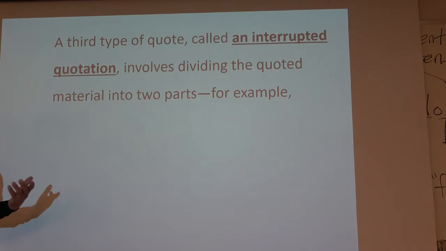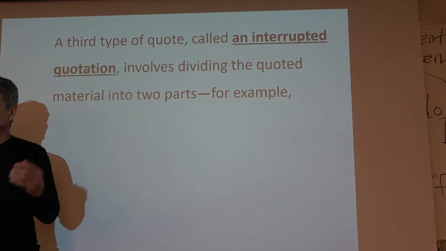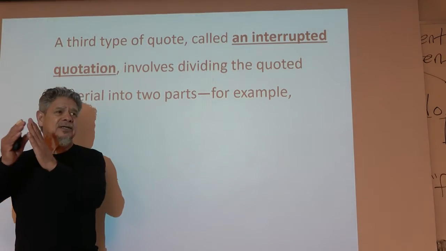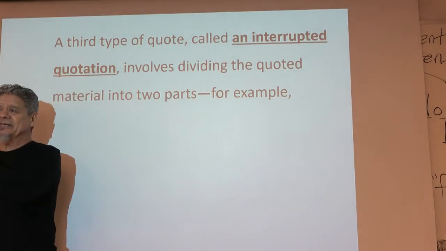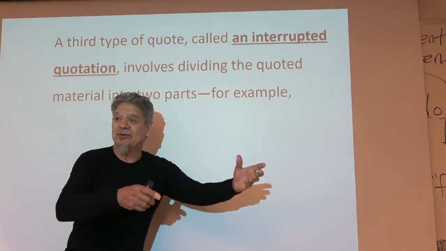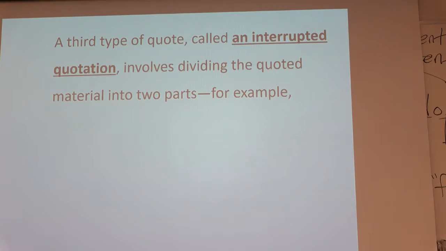The third type of quote is a quote where you have a complete sentence, but you split it. You present part of the sentence, and then the introduction, and then the other part of the quote, like this.